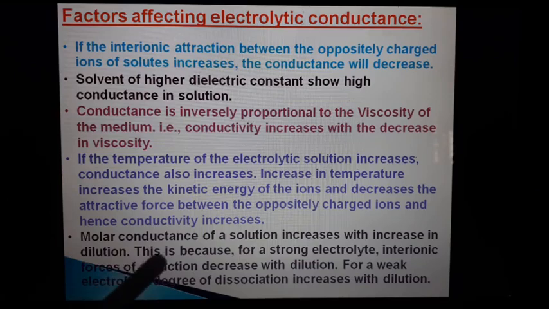For a weak electrolyte, the degree of dissociation increases with dilution. Already in the last chapter we saw that for a weak electrolyte, degree of dissociation increases with dilution.